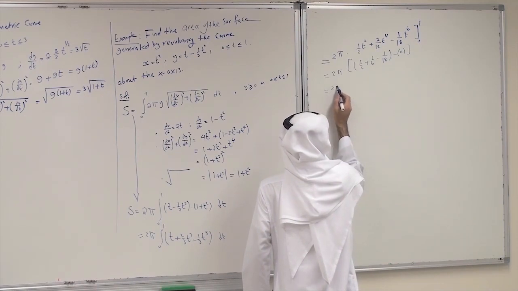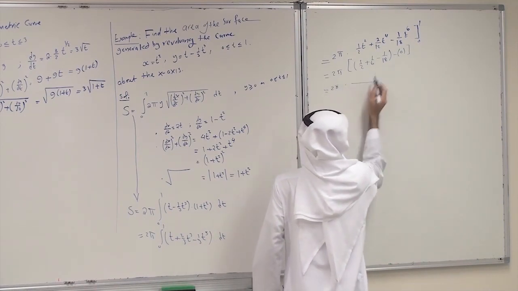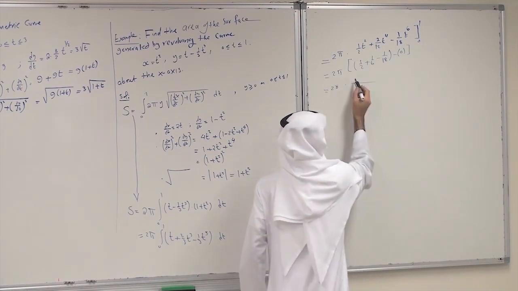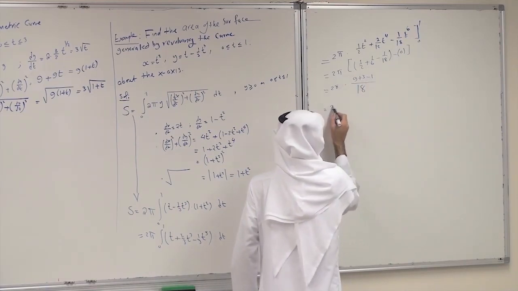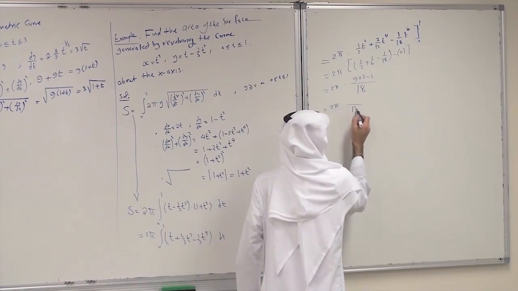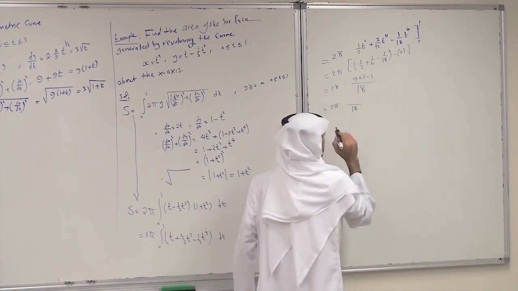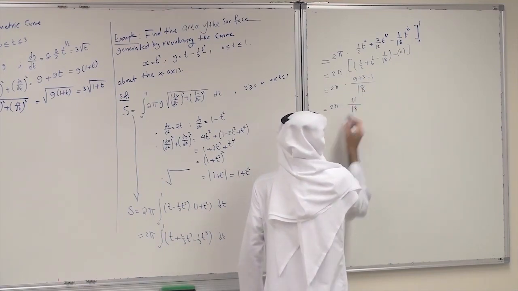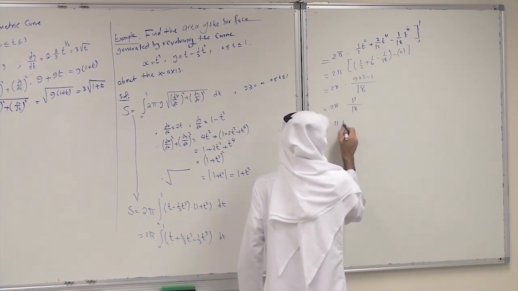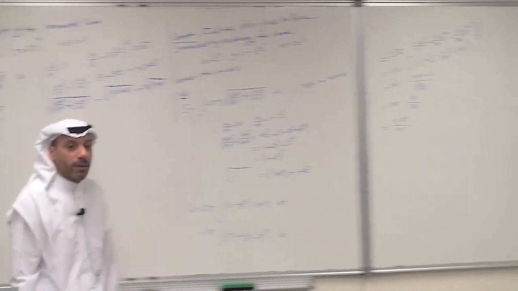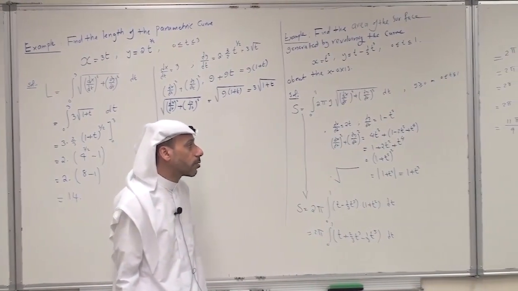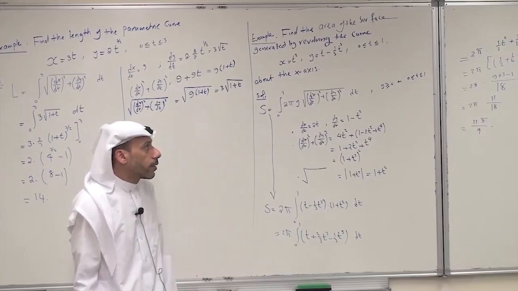This is 2 pi, the common denominator is 18, and you have here 9 plus 3 minus 1, which is 11 over 18, and this is 2 pi. And this is just 11 pi over 9. So the surface area is 11 pi over 9. That's it.